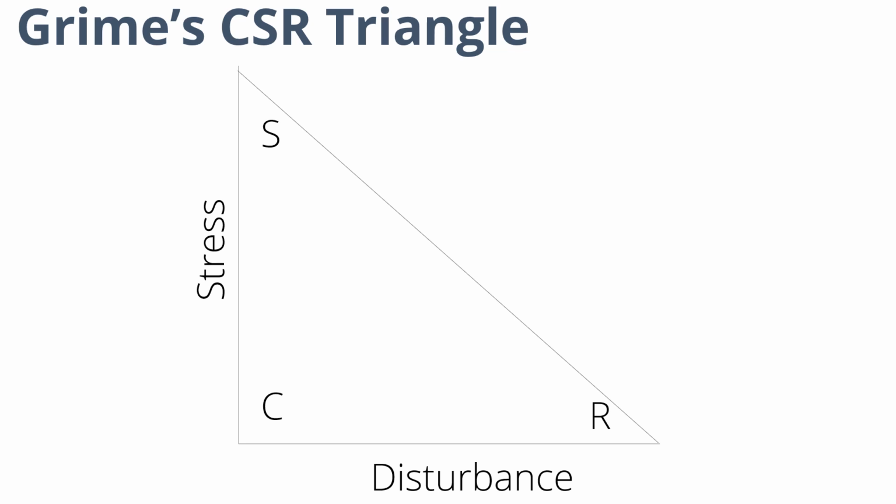And finally, Grime argued that there were no viable strategies for an environment of high stress and high disturbance. You can see it there. And so that's what makes this a triangle, because we have no viable strategies for this component here, which would be both high disturbance and high stress.